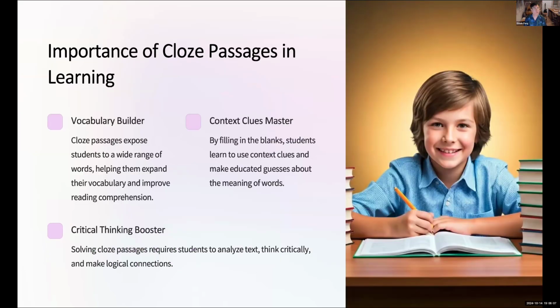So that's basically what a closed passage is. And why do we learn and go through closed passages in English? Why is it such an important part? Well, because it does these three main things, okay? One, it boosts your vocabulary. Two, it helps you to master this idea of context. Context means I need to look at the surrounding information to find the answer in this blank, right? And thirdly, it gives me the ability to think critically, meaning I have to logically accept or reject certain words, right?